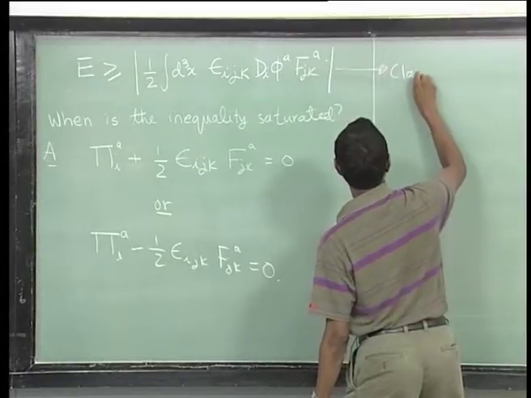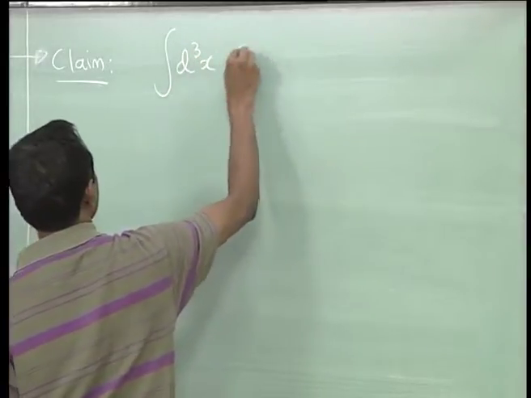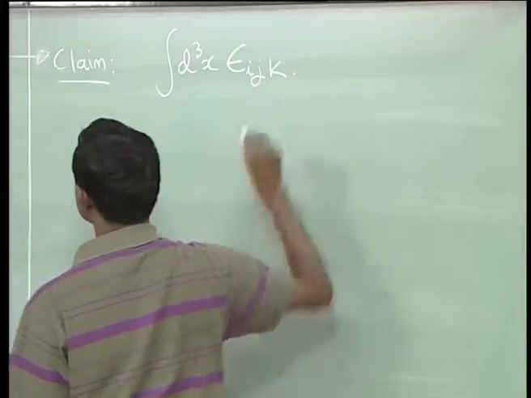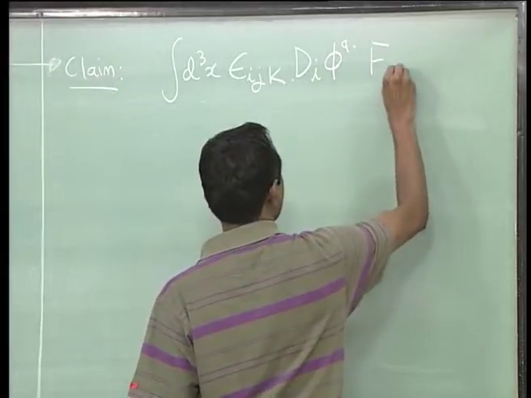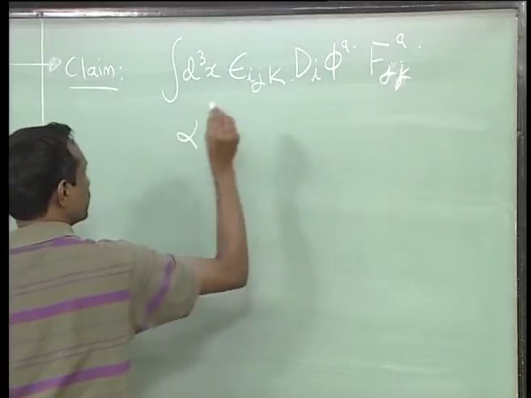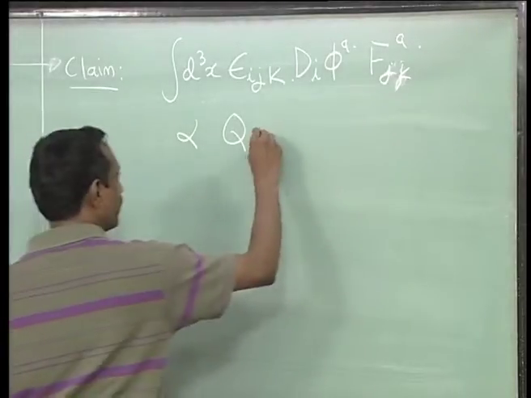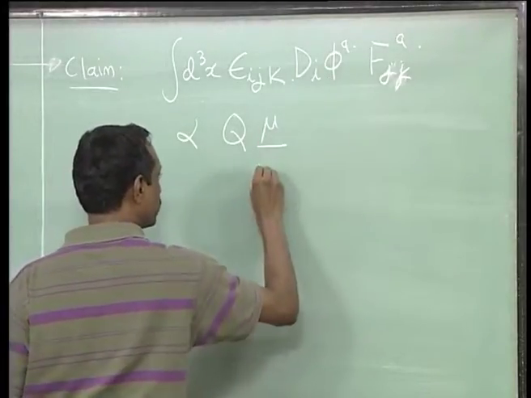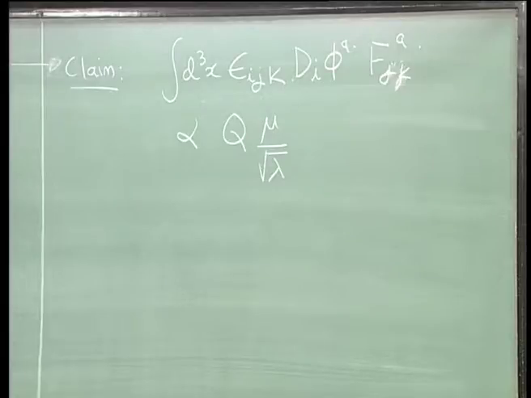Okay, so the claim, let me write it as a claim: the integral d cubed x epsilon I j k d_i of phi^a f_jk of A is proportional to the topological charge q, and I need something which will give the dimensions of this thing. So it will be mu by root lambda. Okay.